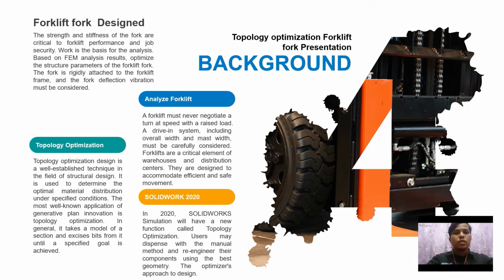With this technology, it can automatically determine the optimal design. Users may either export the optimal geometry as a solid body for use in their design or redesign their component using the best geometry.